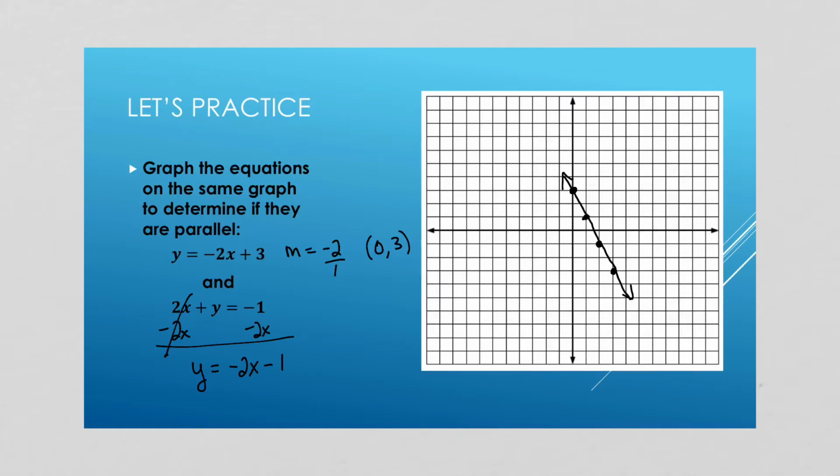So my slope is -2 or -2 over 1, and my y-intercept is at 0, -1. I'm going to graph that one in a different color. 0, -1 is right here. And then I go down 2, right 1, down 2, right 1, down 2, right 1, all right? So check that out.